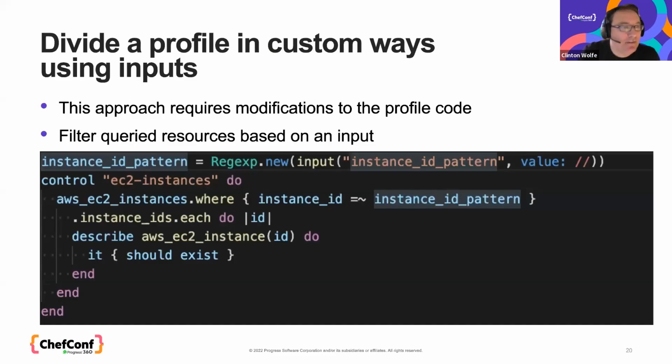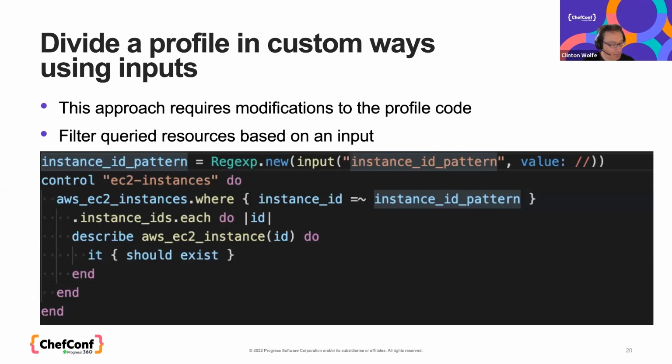Similar idea, using a profile to divide a profile in custom ways using inputs. So here the idea is that you could use an input to match an instance ID pattern, and then use that pattern to restrict which instances you match.